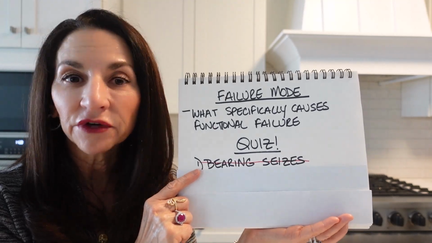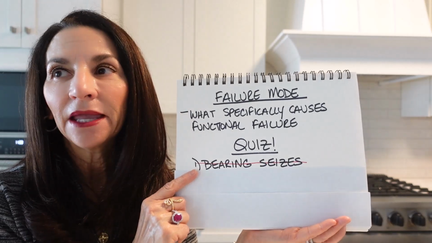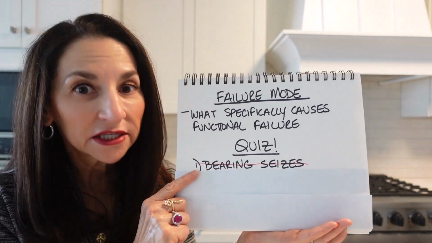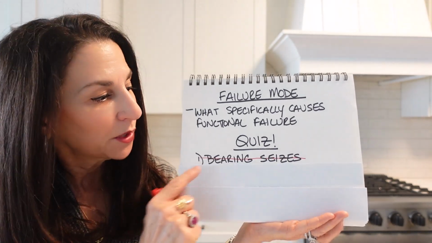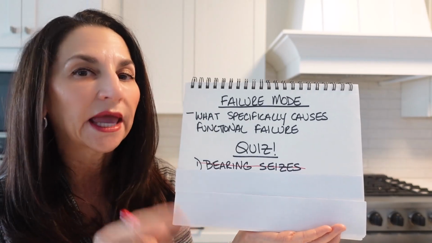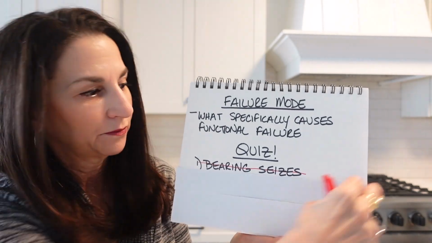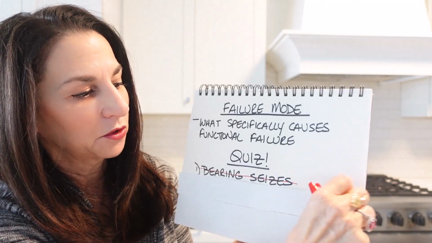Maybe the grease dissipated? Maybe it was fitted improperly, maybe it was greased improperly, maybe it was over-greased, for example. So we have to get specific about what we mean so that we get on the right road. Let's look at our second failure mode.